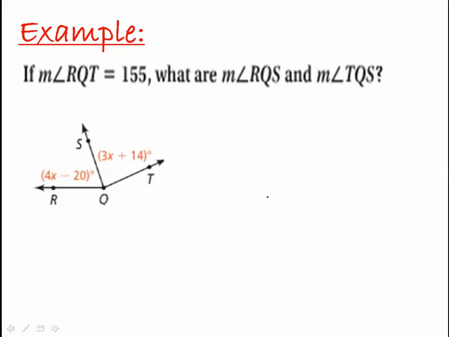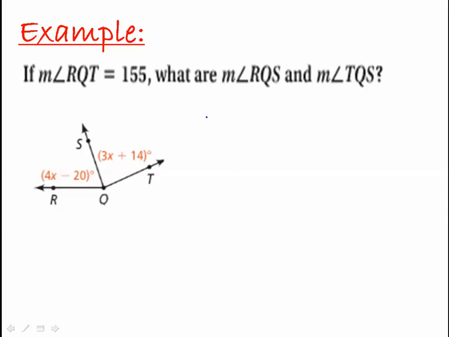Let's look at how to use the angle addition postulate to solve some problems. In this example, we notice that the measure of angle RQT is 155 degrees. Angle RQT is the larger angle, and it is made up of the combination of RQS and SQT added together.